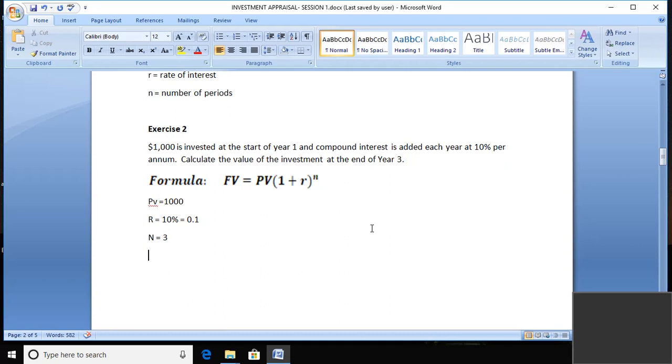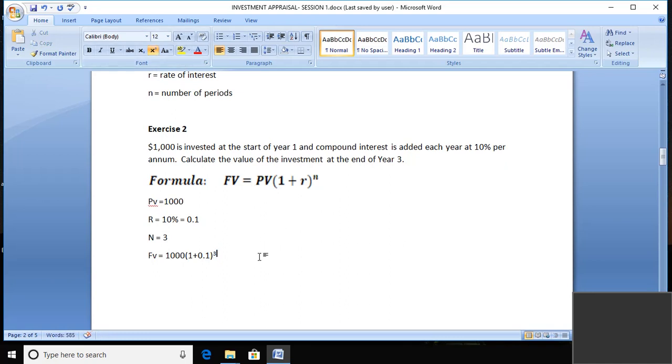The sum is the future value, FV, which will be equal to the present value, the principal amount invested now, that's 1,000, multiplied by 1 plus the rate of interest, 0.1, close brackets, to the power n. That n is 3. Let me just write the power 3 properly.